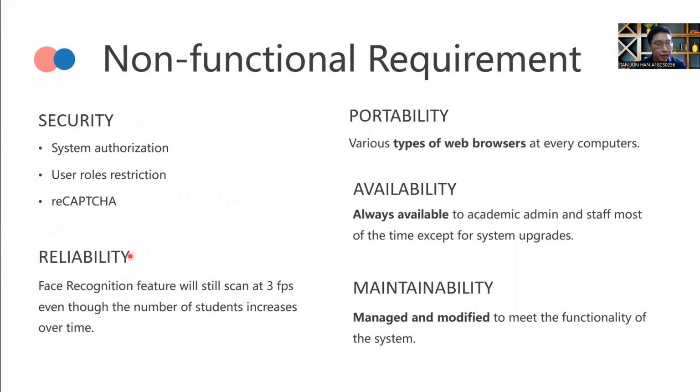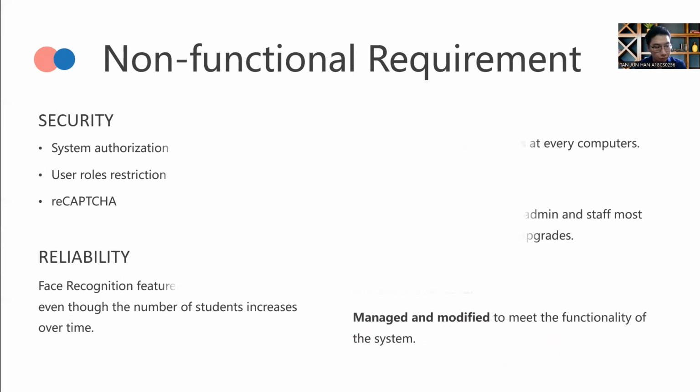The reliability here, the face recognition feature will still scan at 3 frames per second, even though the number of students increases over time. Portability here, we have used several types of web browsers. The availability here, so the system will be always available to academic admin and staff most of the time. The maintainability will be managed and modified to meet the functionality of the system.